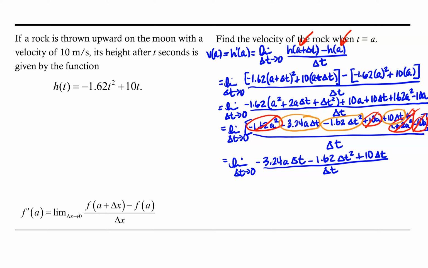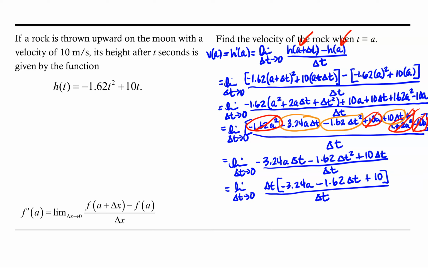Now we can factor out a delta t from our numerator. So the limit as delta t goes to 0 of delta t times (negative 3.24A minus 1.62 delta t plus 10), all over delta t.